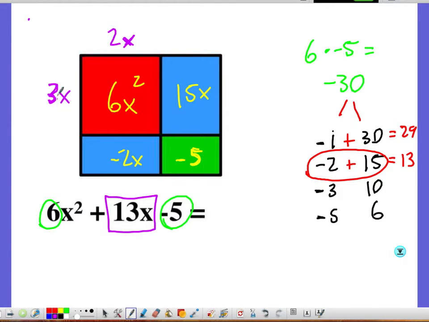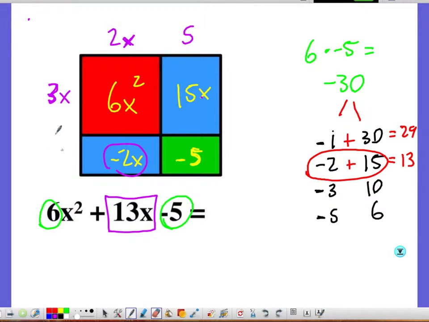So now that I have this, the rest is actually pretty simple. How do I find the dimension of this? Since I know this is 15x, 3x times what is going to give me 15x? Well, that's going to be 5. 5 goes right here, because 3x times 5 gives me 15x. And finally, I need to figure out 2x times what gives me negative 2x.